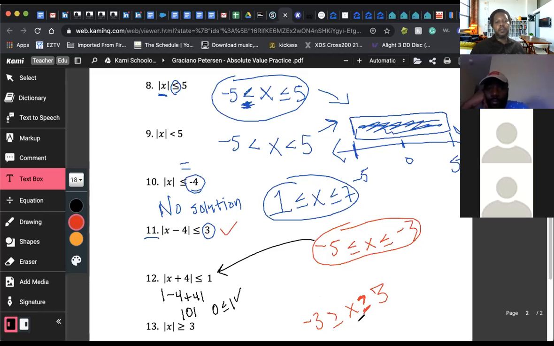It needs to be a number smaller than -3, or it needs to be a number that is larger than 3. So -3 is greater than or equal to x, and x needs to be greater than or equal to 3.